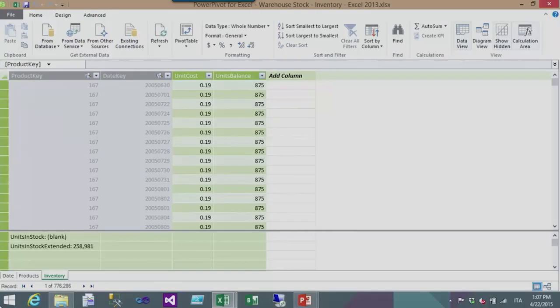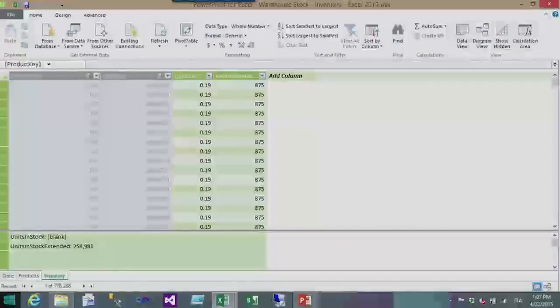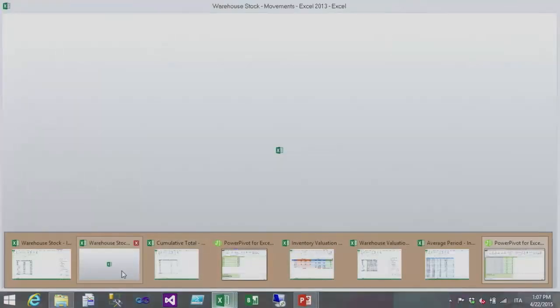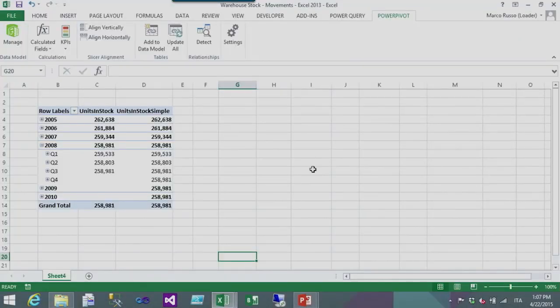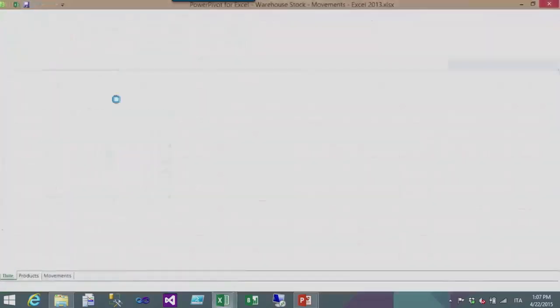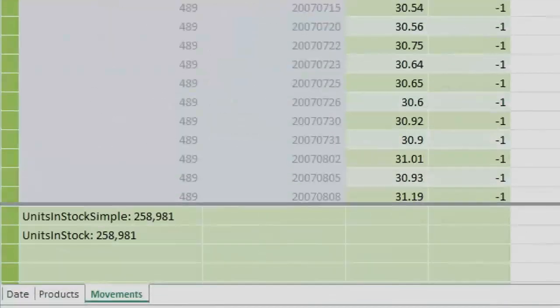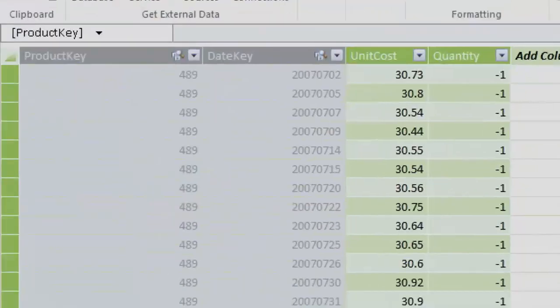However, in the same ERP system, you usually have this other table. This other table in the Power Pivot data model has the same information from a logical point of view, because these are the current transactions, the products that I bought and the products that I sold for every single transaction.